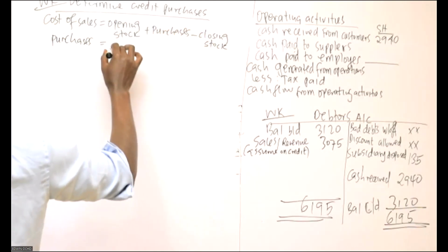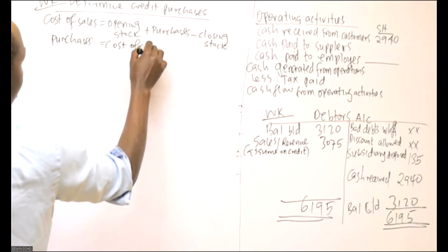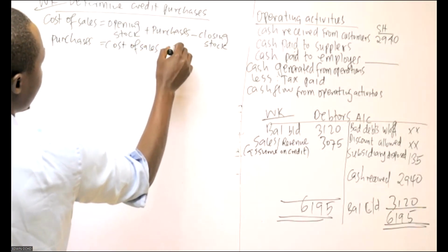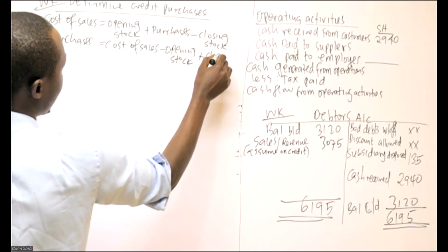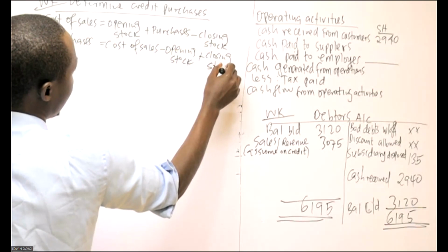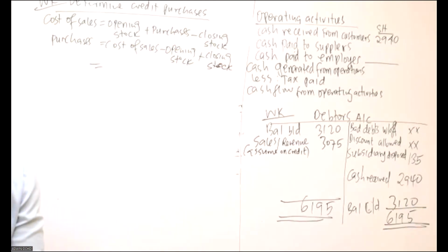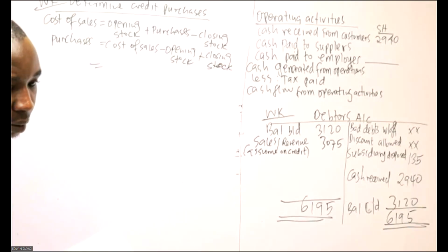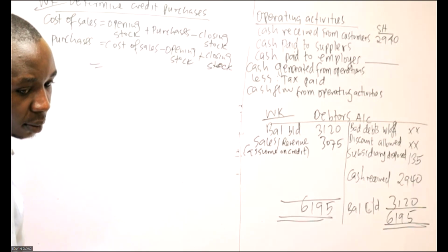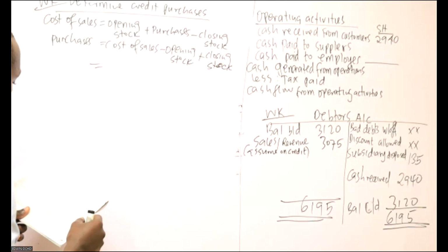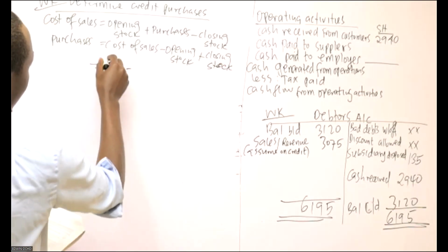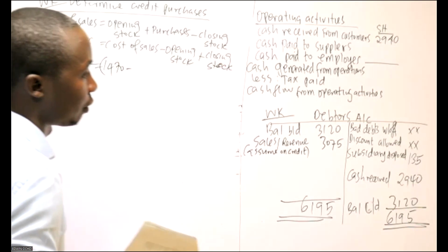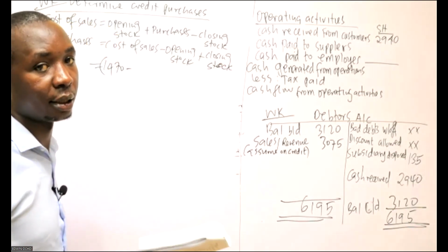If we leave it on the other side, we will say cost of sales minus opening stock plus closing stock. So cost of sales is all about what? In this question, the cost of sales was 1470.